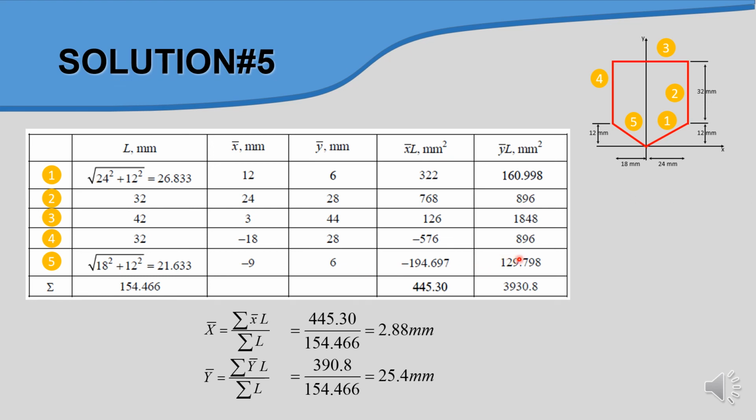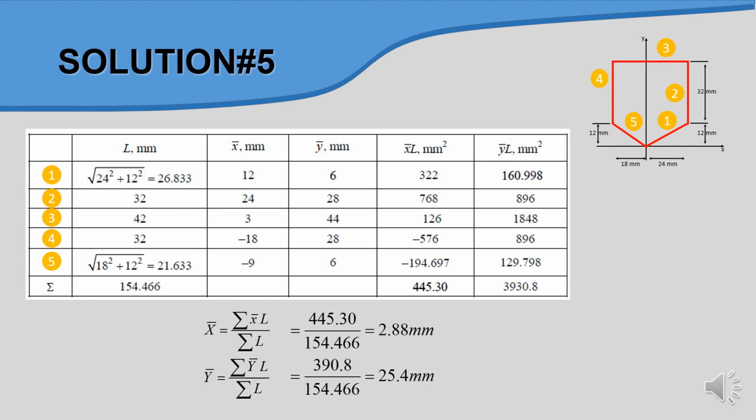With these values we proceed to get L, x bar L, y bar L, and finally we sum all together. We get the value of L of 154.466, and also the sums of x bar L and y bar L here. To get the values of x bar and y bar, we substitute into the formula, and finally we get the center of gravity: x bar is 2.88 and y bar is 225.4.